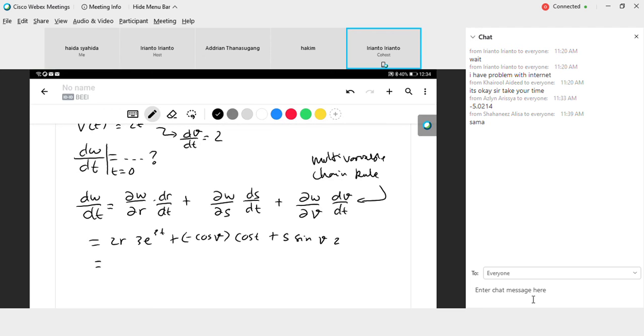So it will leave me with 2 times 3, which is 6.